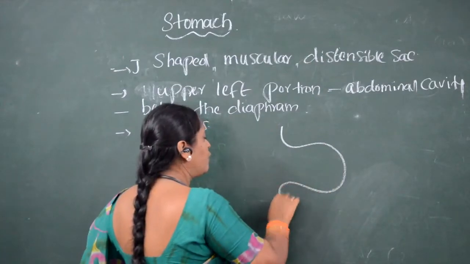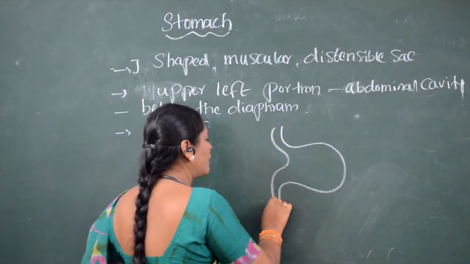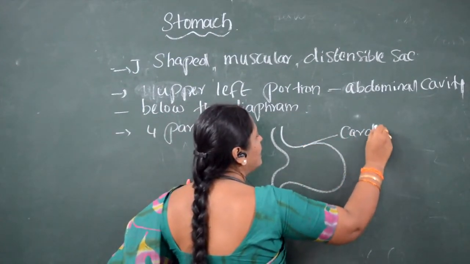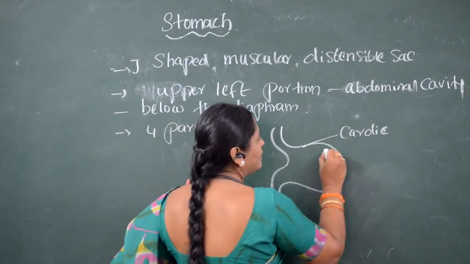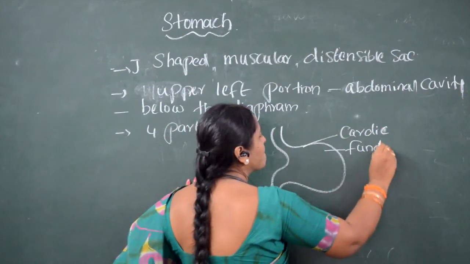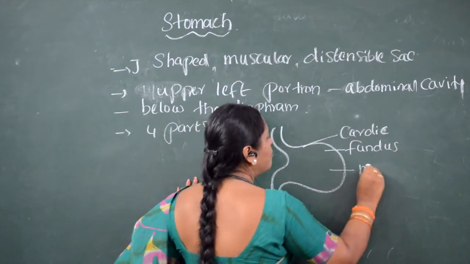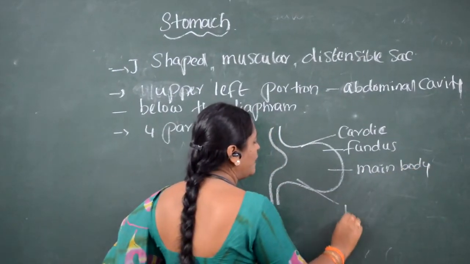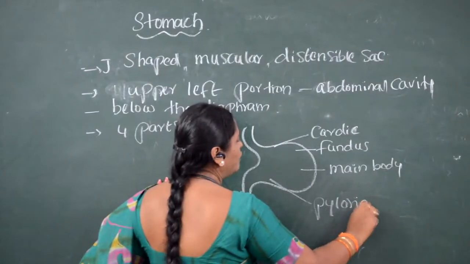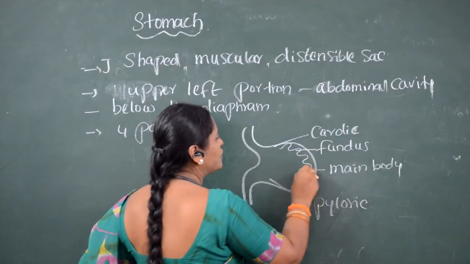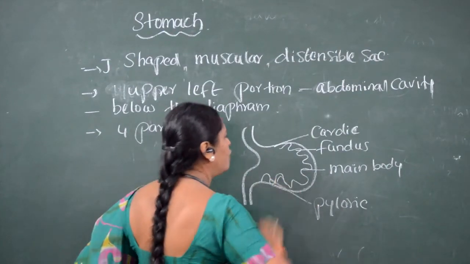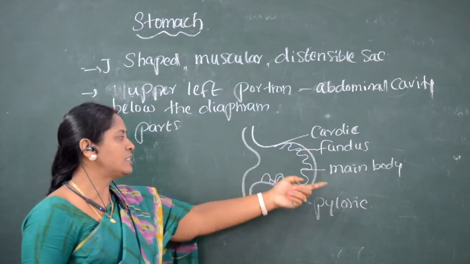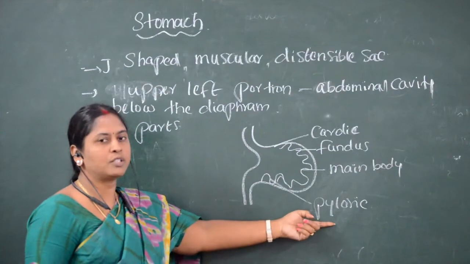The 4 parts are the cardiac stomach, the fundus, the main body, and the pyloric stomach.